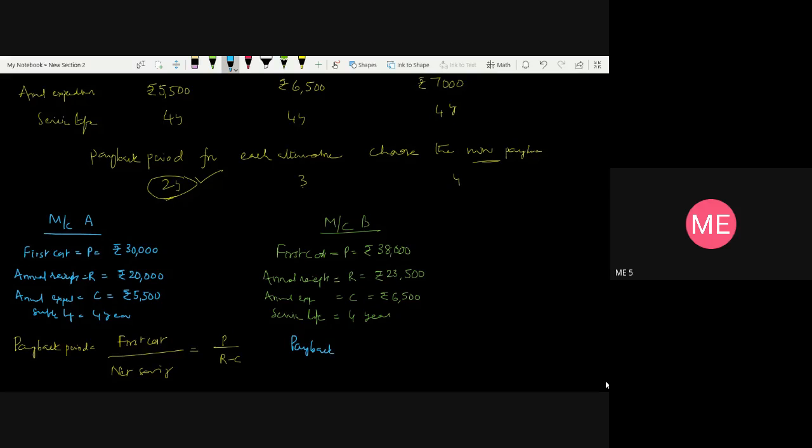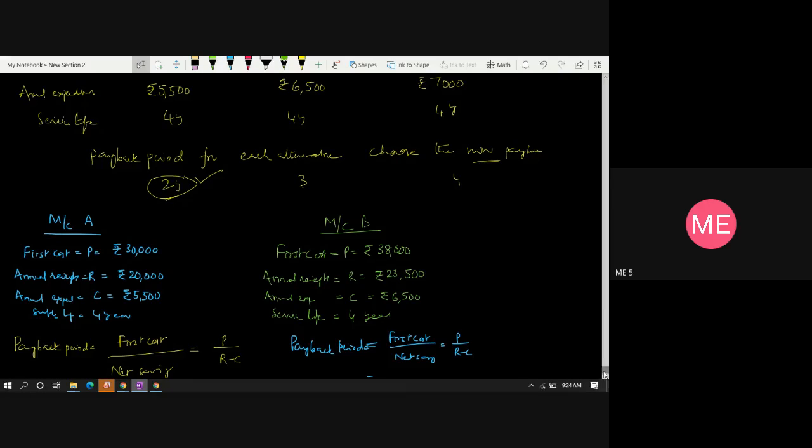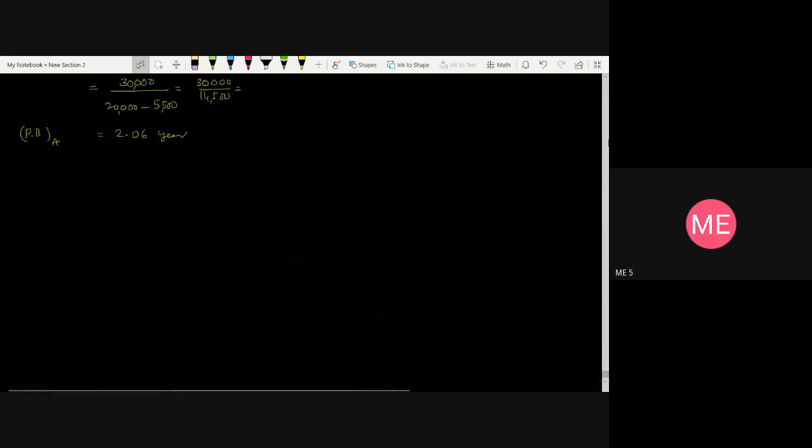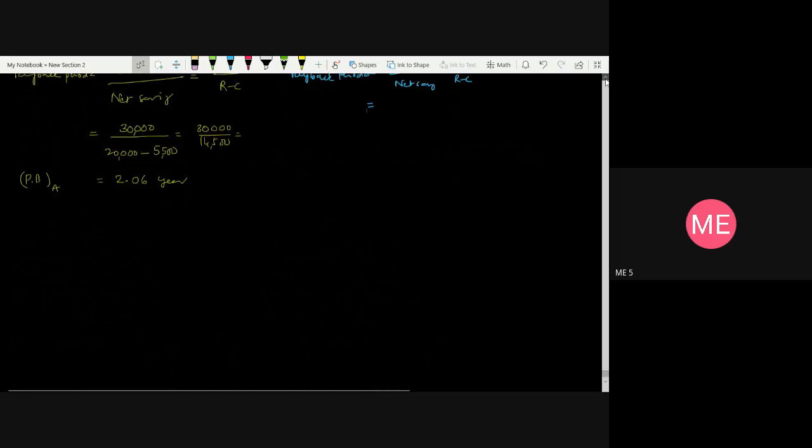Now we are going to calculate the payback period. The payback period equation is first cost divided by net savings, which is P divided by R minus C. So we calculate the payback period for machine B using that simple equation.